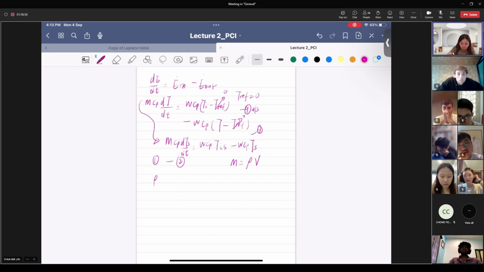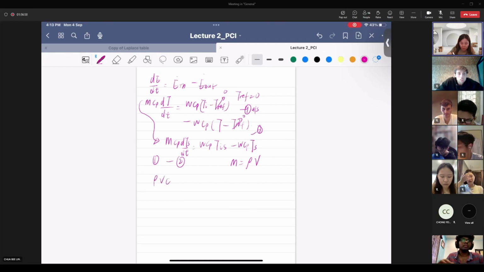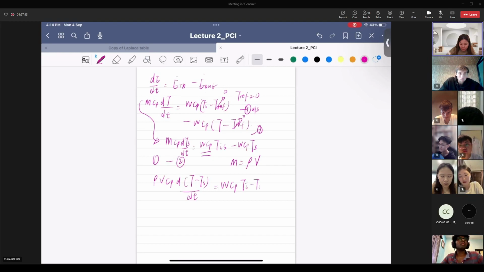So rho V, because I expand the m, so Cp dT minus Ts dT equals, factorize, okay never mind, W Cp (Ti minus Tis) minus W Cp (T minus Ts).